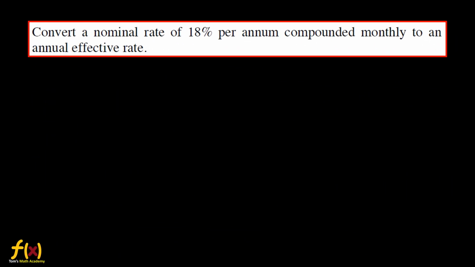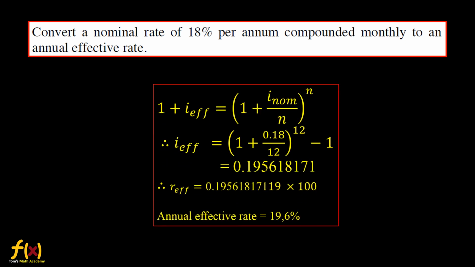Convert a nominal rate of 18% per annum compounded monthly to an effective rate. So once we see 18% per annum compounded, let us look at the actual effective rate. So we use the formula.